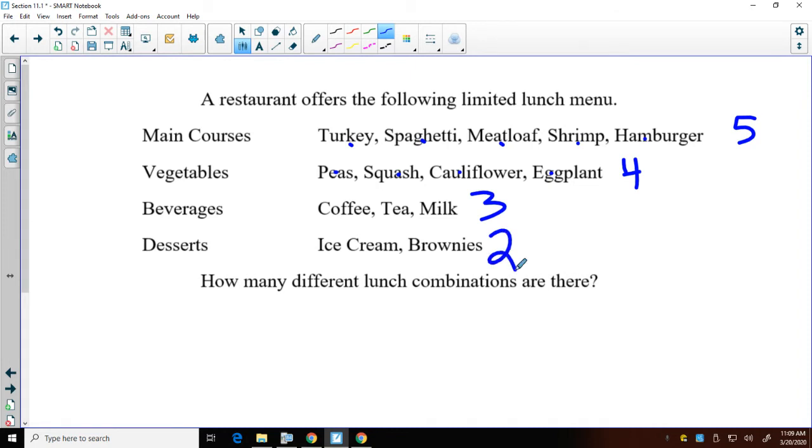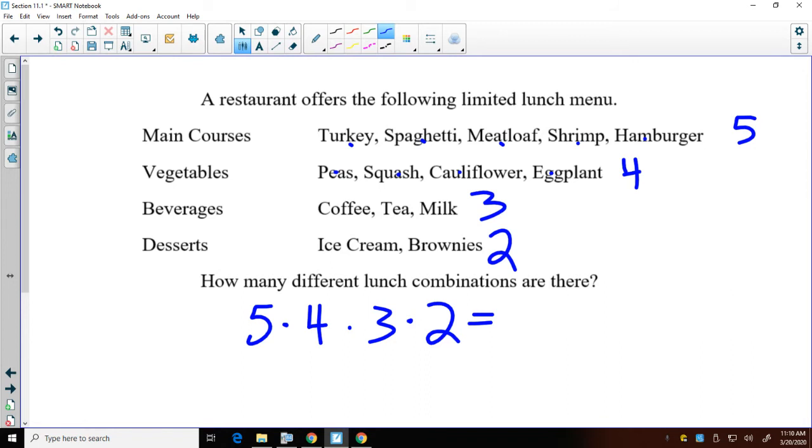Desserts, ice cream or brownies. That's 2. Down below it says, how many different lunch combinations are there? Because I have 4 groups, all I'm going to do is multiply all my choices for each group together. So I take 5 times 4 times 3 times 2, because that's what the fundamental counting principle says: take each group and multiply their numbers of choices together.